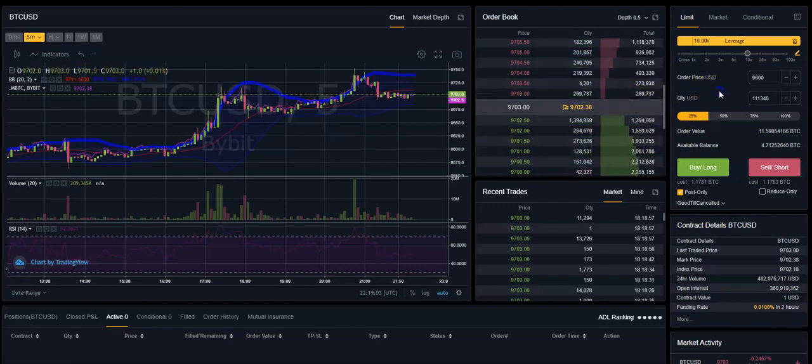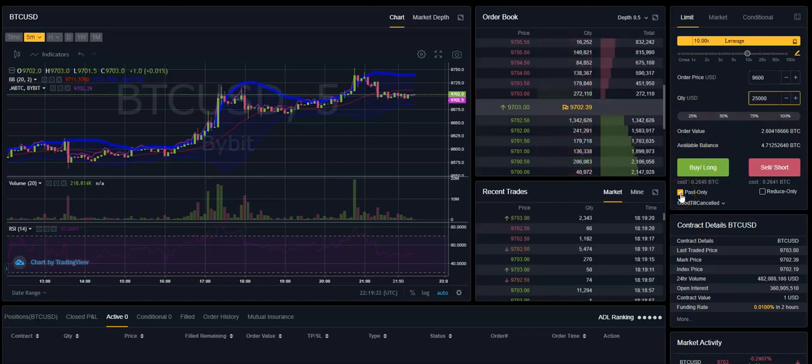Alright, cool. So let's do a limit long order at 9,600. I'm only going to use 5% of my wallet, which is what I normally recommend entering a trade with, only 5% or less of your wallet.